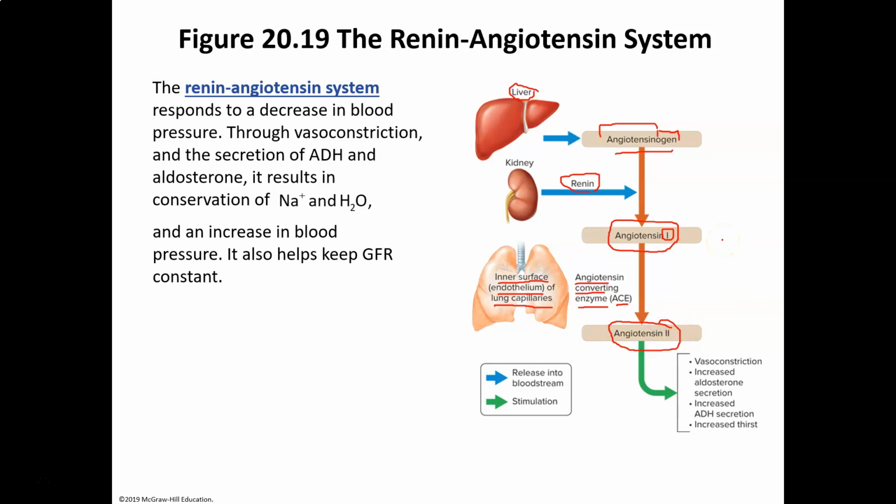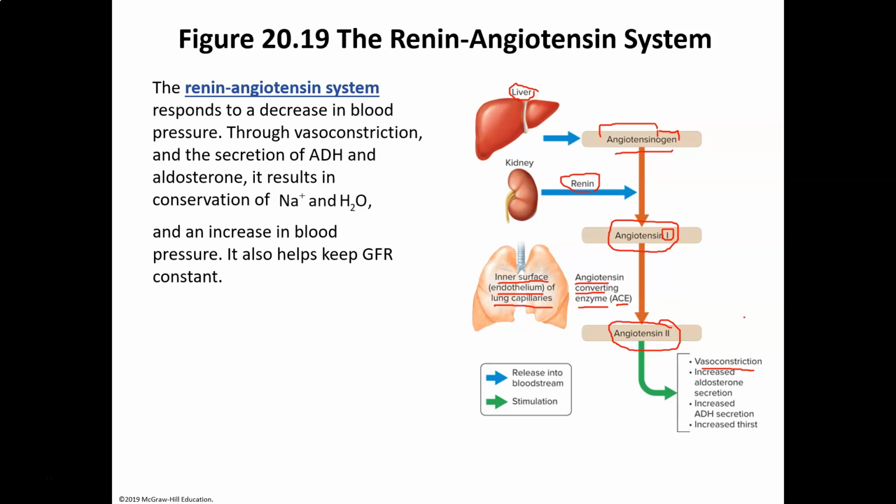Angiotensin 2 has a number of activities that it stimulates or directly causes. This is a really important one: angiotensin 2 directly has an effect on the tone of blood vessels. It vasoconstricts arteries and arterioles.